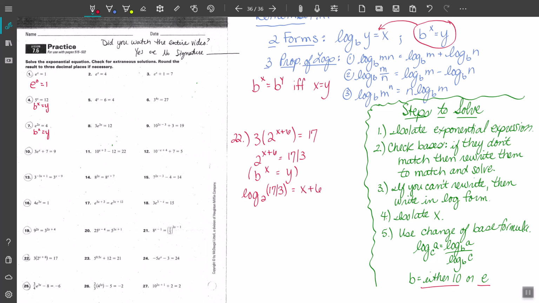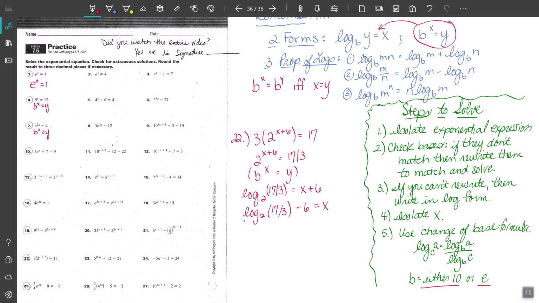And then once you get it into log form, you can see now that we have to go to number 4 and we've got to isolate x. X is not by itself right now. So in order to do that, we are going to need to subtract the 6 off of both sides. Minus 6. And so now we have our x isolated.